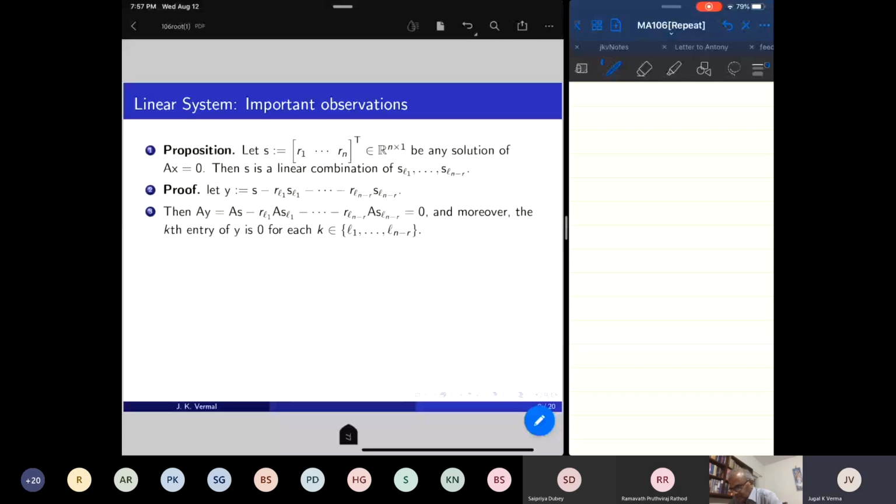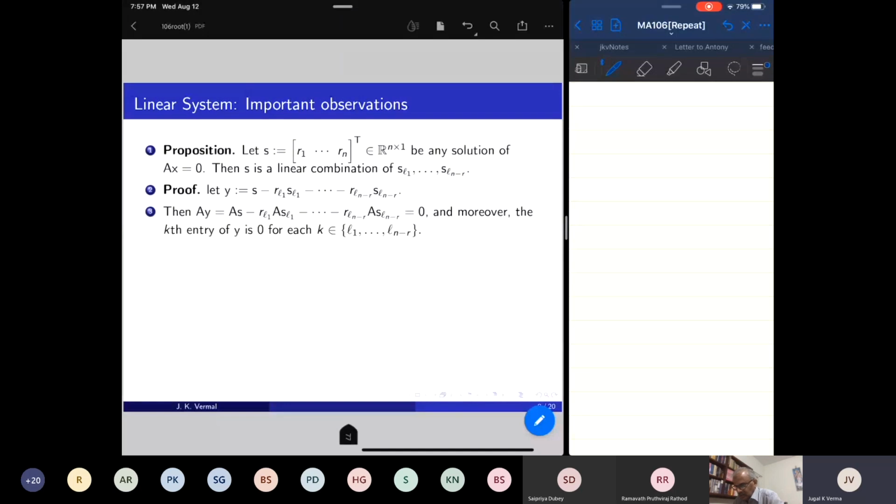But if you just write down the structure of SL1, SL2, up to SL n minus r, just write the structure. The structure was that one non-pivotal variable was set to 1 and other non-pivotal variables were set to 0, and then the remaining variables, which correspond to pivotal variables, were determined from these particular values of non-pivotal variables.